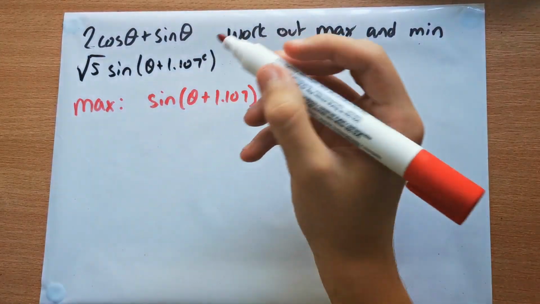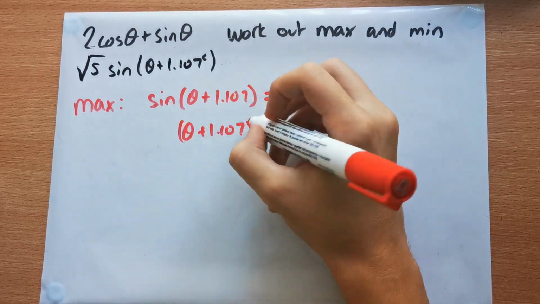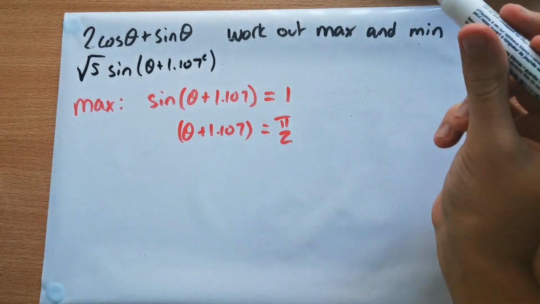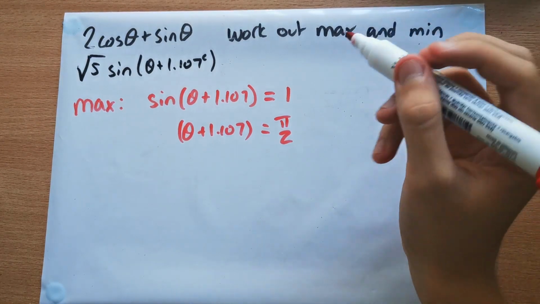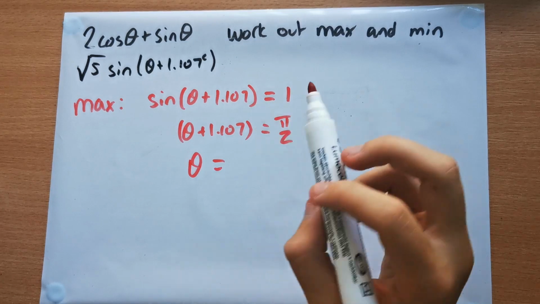And so that means I want theta plus 1.107 to be equal to pi over 2. We worked out that pi over 2 is where sine is its biggest. And so to get that, theta is equal to pi over 2 minus 1.107.